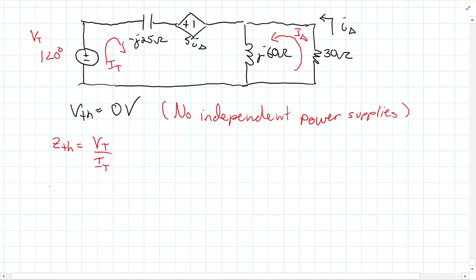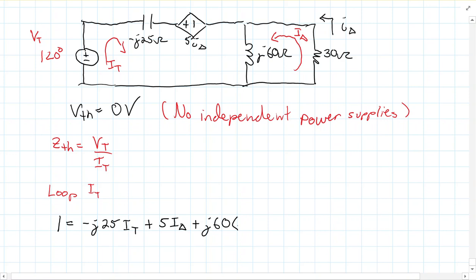So if we go for loop I test, well, you'd have 1 is equal to negative j25 times I test, because it's V is equal to Z times I, plus 5 I delta plus j60.